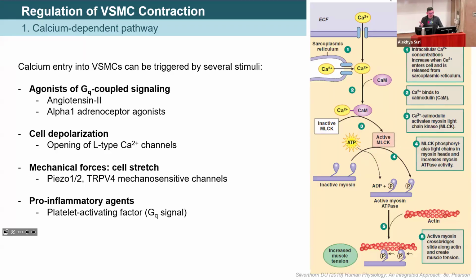As the name suggests, myosin light chain kinase phosphorylates the light chain of myosin. The light chain in myosin molecules is a regulatory site that regulates its ability to hydrolyze ATP, the rate at which the molecule is able to process ATP.